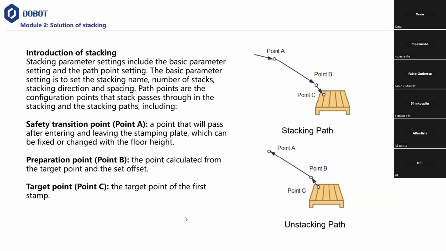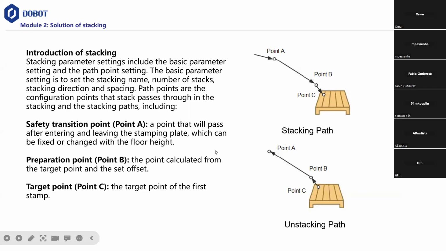Point A is the safe point, so every time the robot goes to point A, it's not going to knock down anything. So this is point A. And point C is when the suction cup touches the package. And point B is the transition point between A and C.